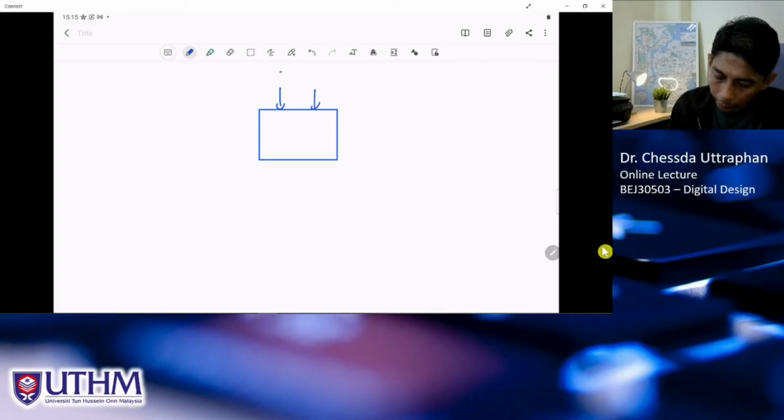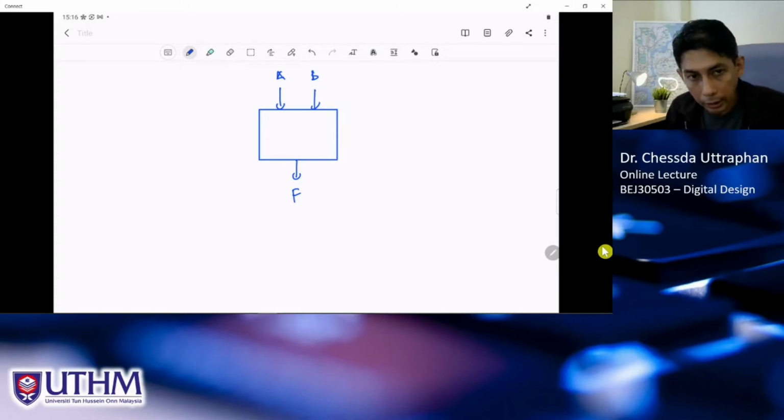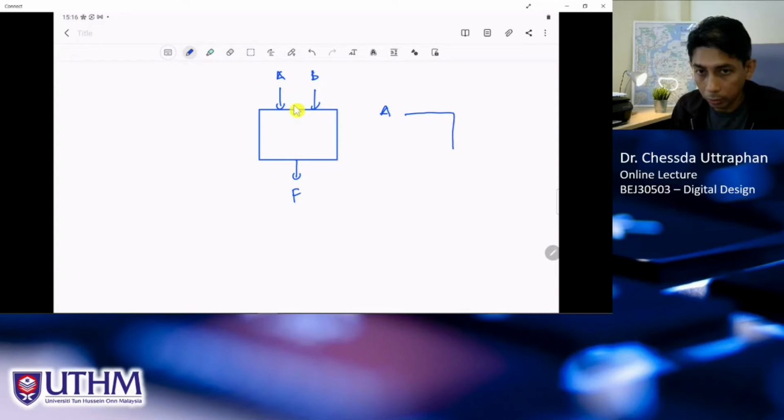If we have input A and B, and we have output F. For the combinational circuit, whenever one of the inputs or both of the inputs change, change means that the state changes. For example, if A goes from logic high to logic low, or from logic low to logic high, that we call change. Change the state of the circuit.